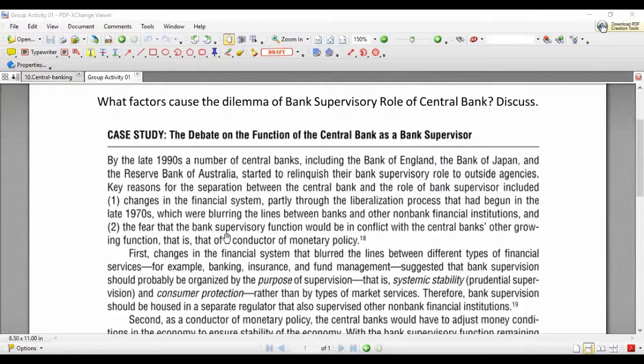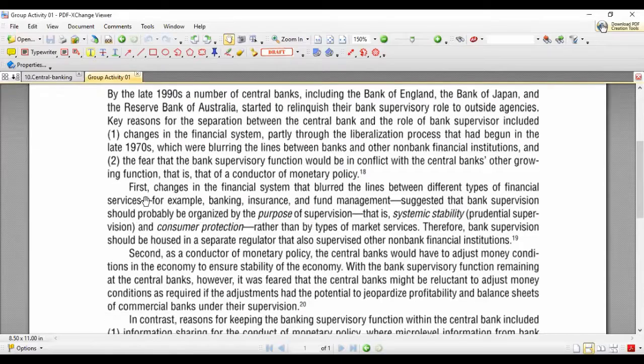First, they argue that the supervisory function should not be with the central bank. The first reason they point out is changes in the financial system, partly through the liberalization process that had begun in the late 1970s, which were blurring the lines between banks and other non-bank financial institutions. Here you have the explanation for the first part.